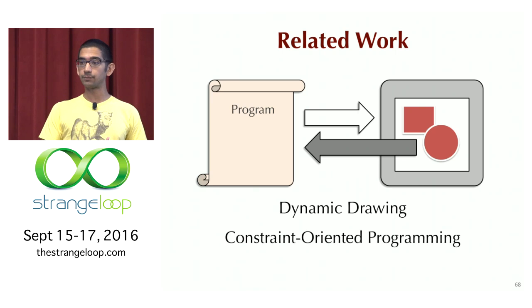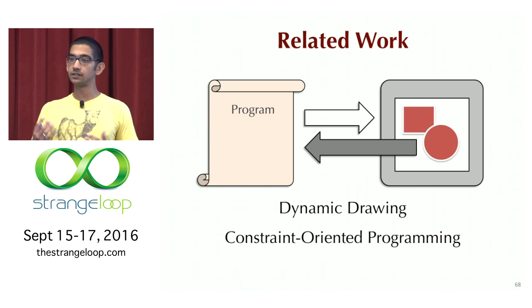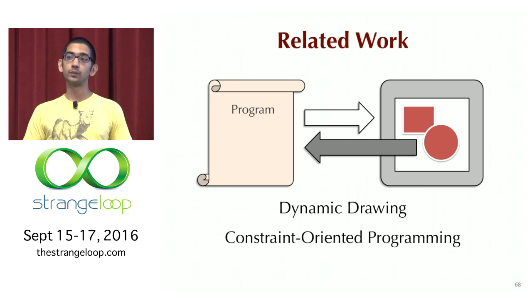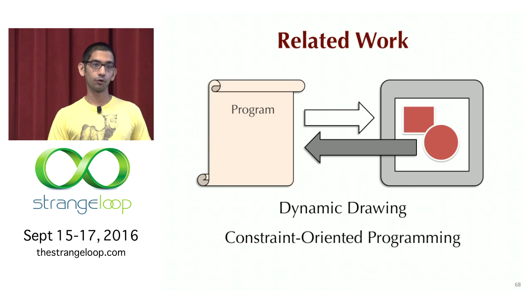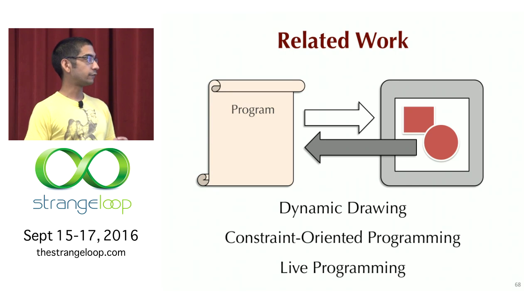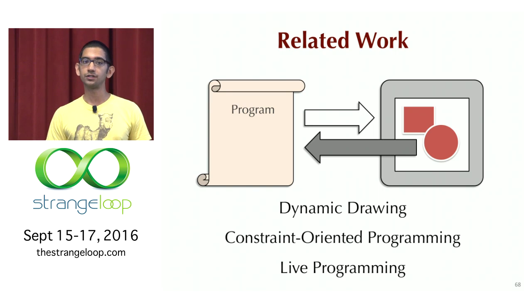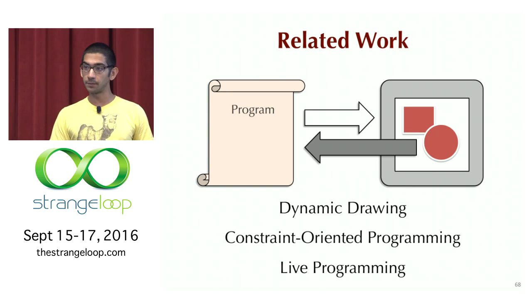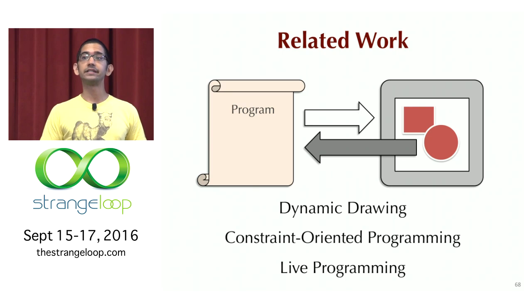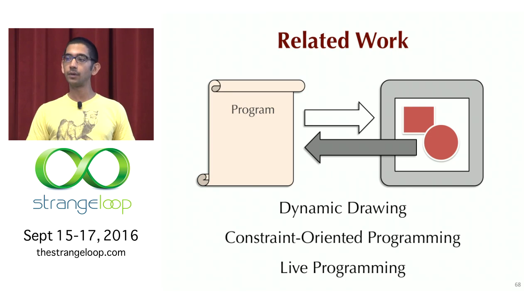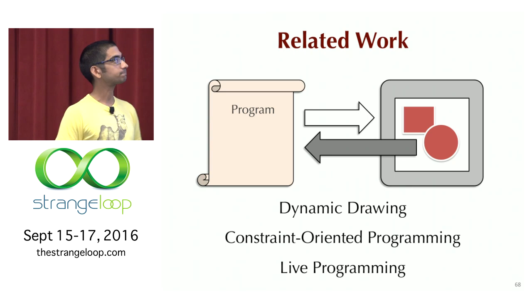After that transformation, we have a normal vanilla deterministic program. That is, we don't have constraint solving in the semantics of our programming language itself. And finally, what we're trying to build here is definitely an instance of live programming, where you want to see the effects of changes immediately, including more recent live programming languages by Sean McDirmid, which are also trying to get this kind of backwards connection as well.